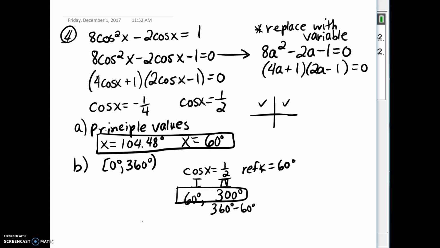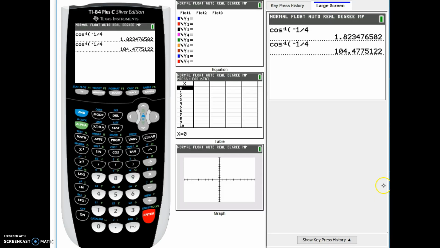Now for cosine x equals negative 1/4, we want to come up with a reference angle. So if I were to plug this in the calculator, I'm going to do this differently. I'm going to take the inverse cosine of the positive of 1/4. And that gives me an answer of 75.22.